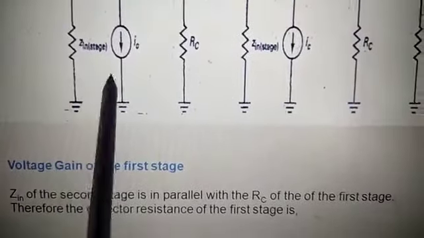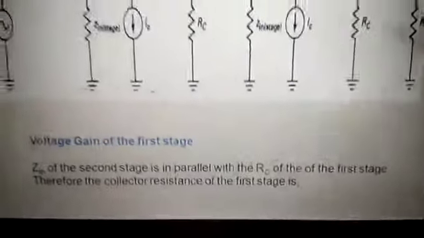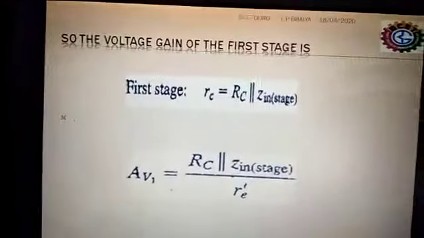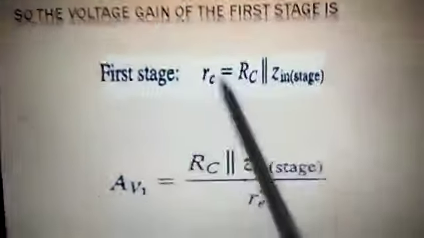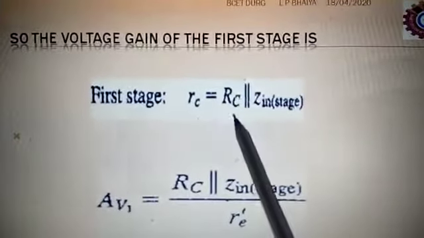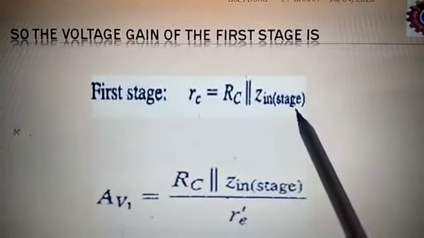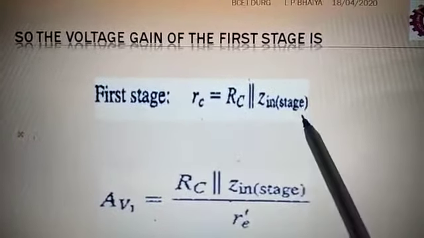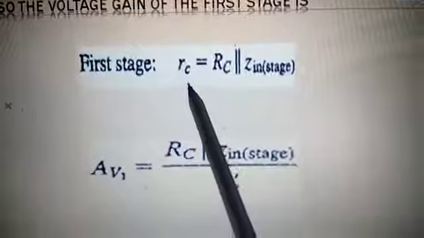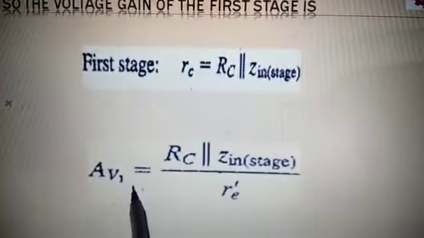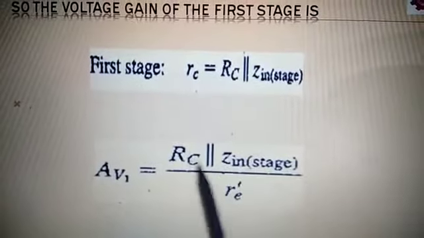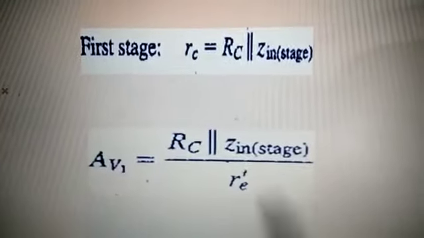Therefore, the collector resistance of the first stage we can calculate here: this small rc, the first stage collector resistance, is the externally connected RC in parallel with the input impedance of the second stage. This is the equivalent load resistor of the first stage, and hence the voltage gain of the first stage is given by this small rc upon RE dash.